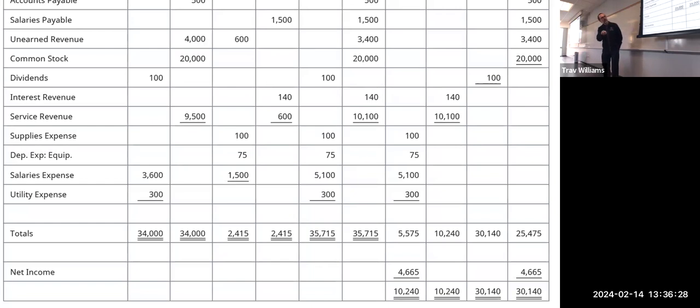So if these last 2 columns over here are the balance sheet information, we had the total of our debit accounts, and then the total of our credit accounts, and they do balance. But to get them to balance, we have to include this $4,665. That was that net income from the income statement, right?